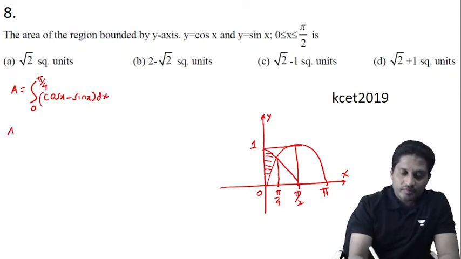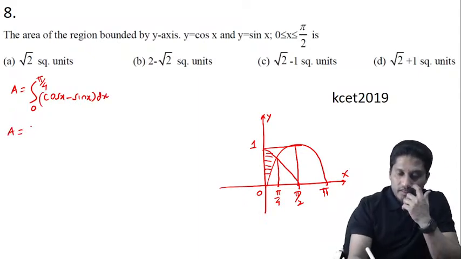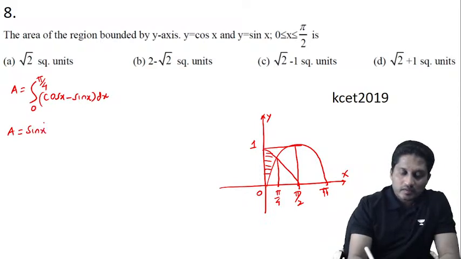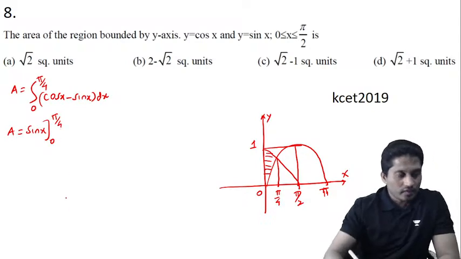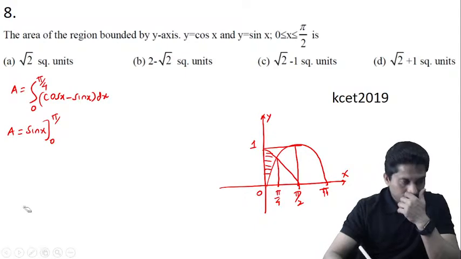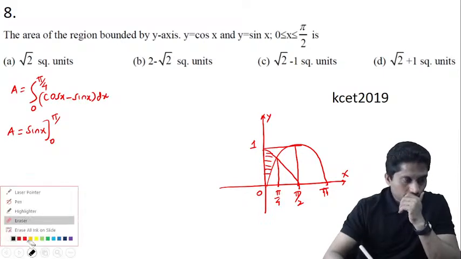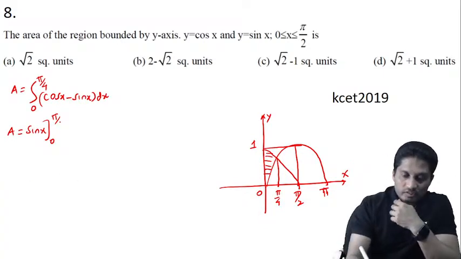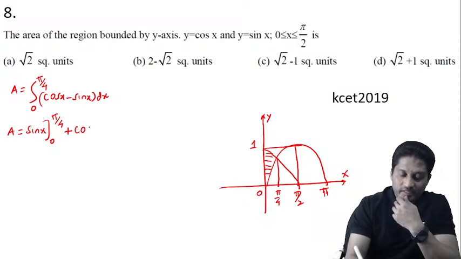Now integration of cos x is sin x, between the limits 0 to pi by 4. Integration of minus sin is plus cos, between the limits 0 to pi by 4.